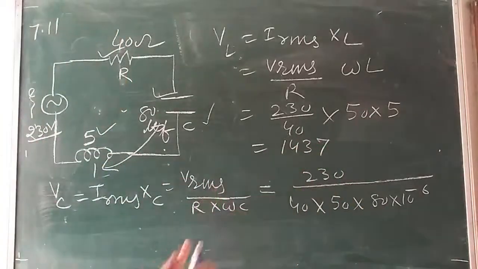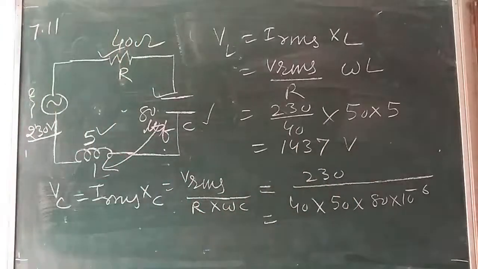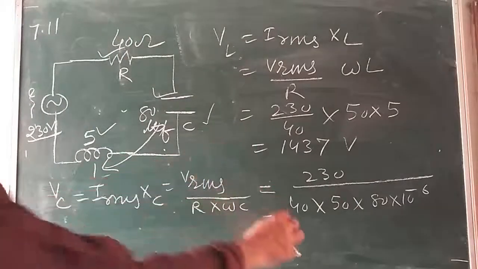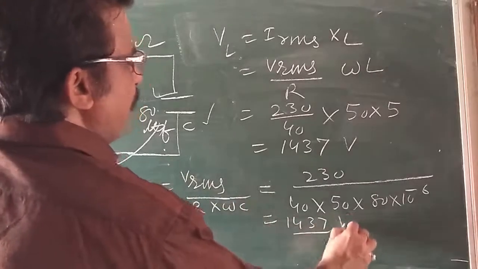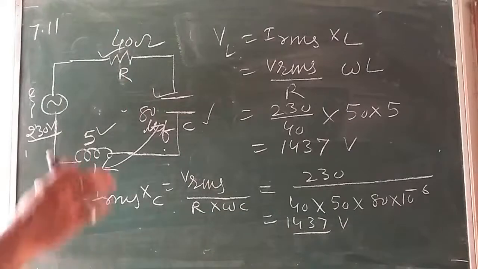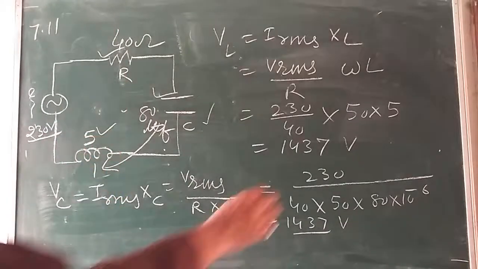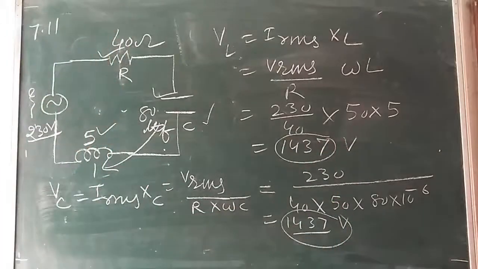If you solve this, you will get 1.37 something, that is kilovolt. Similarly, once you calculate the potential drop across the capacitance, it is nearly about the same, 1.37. So potential drop across LC combination, this and this both are same, so cancelled out.